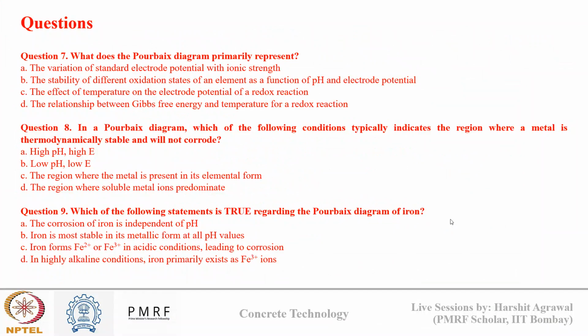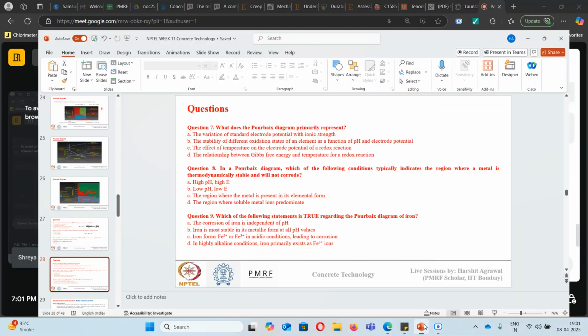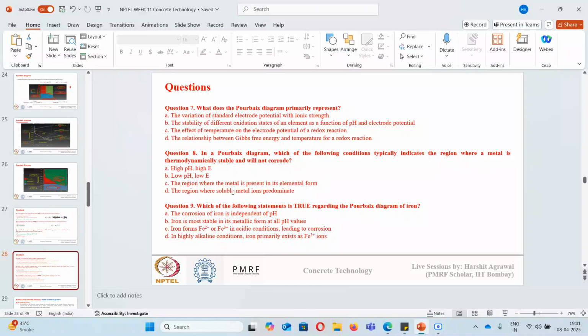While we were discussing the Pourbaix diagram of nickel and iron, I told the answer for this question, if someone remembers. Okay, so for the Pourbaix diagram, the correct answer is B.